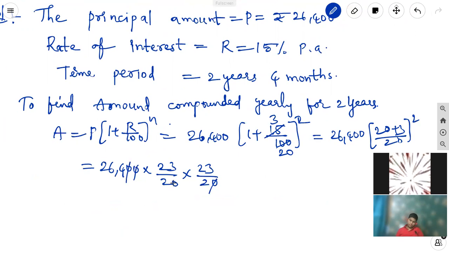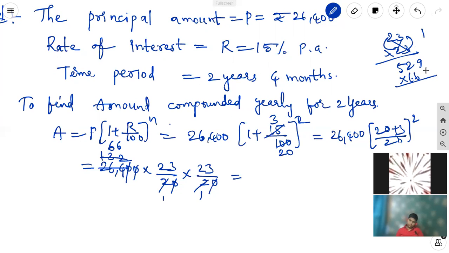The zeros get cancelled. 2 ones are 2, 2 threes are 6, 2 twos are 4, 2 sixes are 12. It is equal to 23 into 23 into 66. 3 threes are 9, 2 threes are 6 plus 6 is 12, 1 is carried. 2 twos are 4 plus 1, 529 into 66.